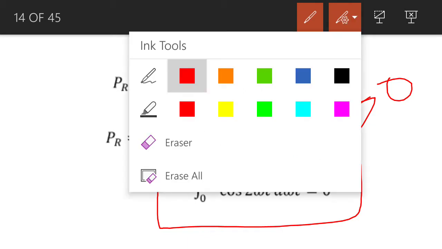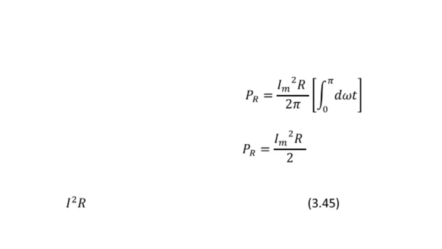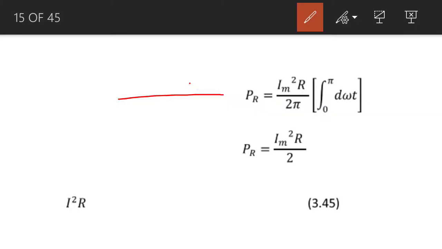The power taken by the resistor will be equal to Im square R by 2 pi, and we have the integration of d omega t.